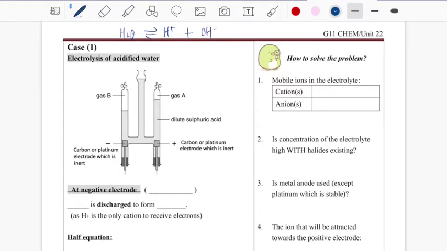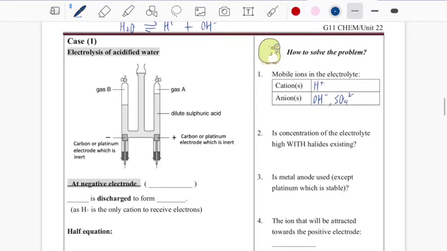So in the first step, we need to list out all the ions, and water as an electrolyte will be able to provide H plus and OH minus for us. Then we need to consider dilute sulfuric acid. When it dissolves in water, it will also provide H plus and sulfate ion, so we need to add that as well.